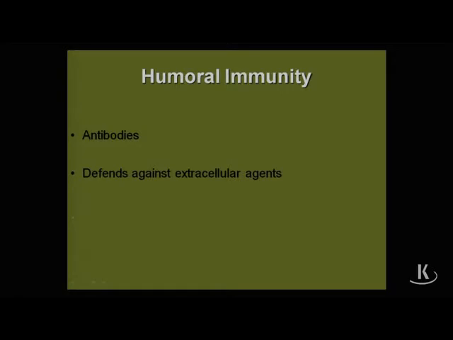Now, most of you know when we're talking about humoral immunity, we're talking about antibodies specifically. So we're looking at your immune response's defense against things that are extracellular. And predominantly, really, we're talking here about bacteria, extracellular bacteria, like staph and strep, for example. Now, B cells, in order to be really effective, really need the help of T cells.